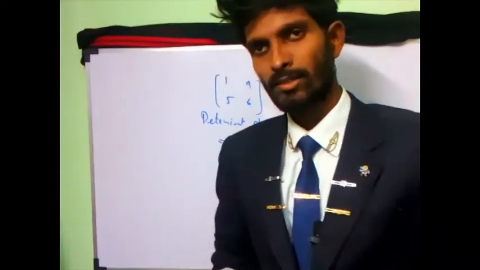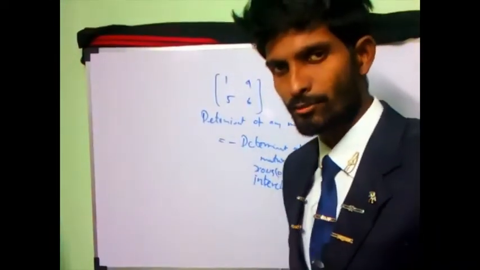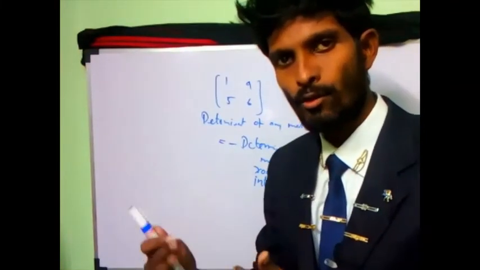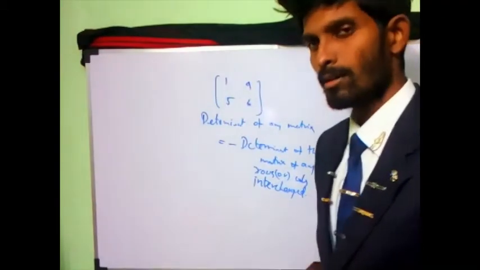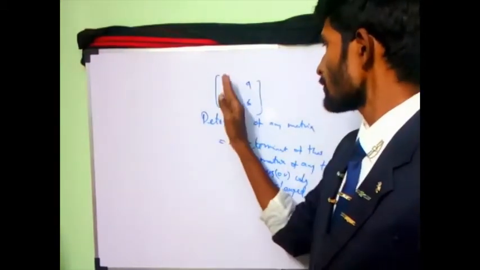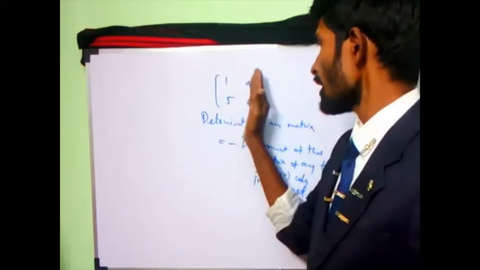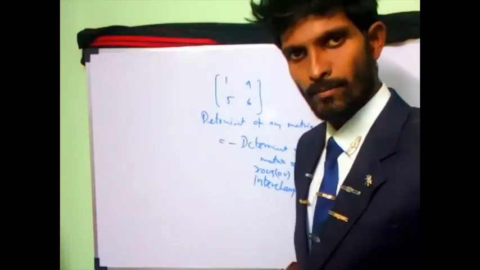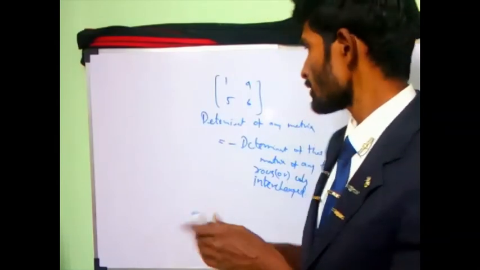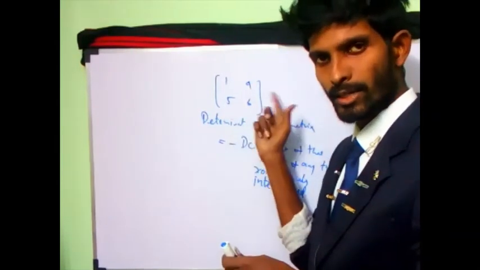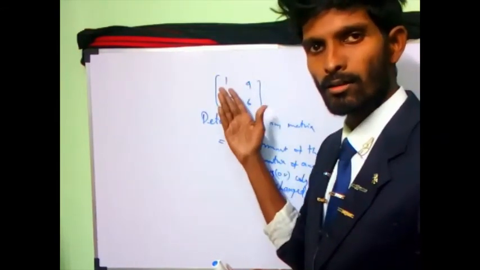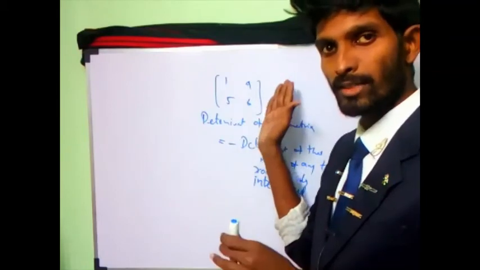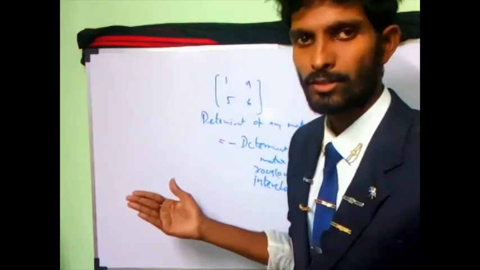Suppose you have 1, 4, 5, 6. If you interchange the rows, writing 1, 4 down and 5, 6 up, or in another case writing 1, 5 as the second column and 4, 6 as the first column, then the determinant value will be the same but the sign will be different. Do you understand? Please listen, I'll tell you very clearly.